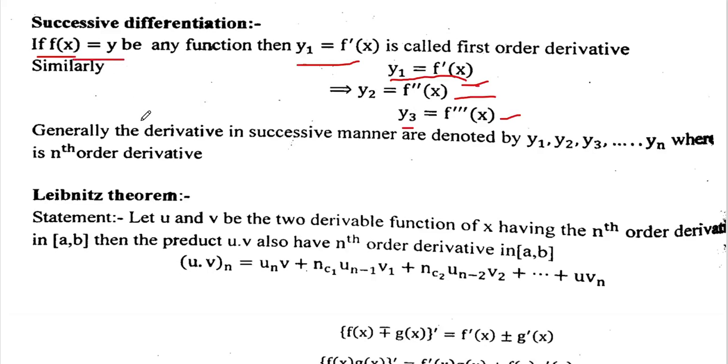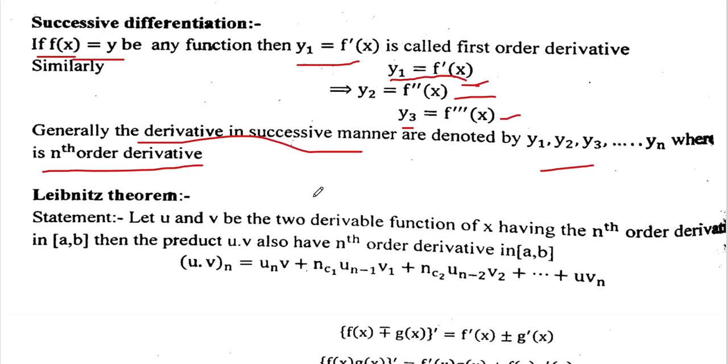In this way we can find the fourth order, fifth order, sixth order, and so on. Generally the successive derivatives are denoted by y1, y2, y3, and so on up to yn, where yn is called the nth order derivative.